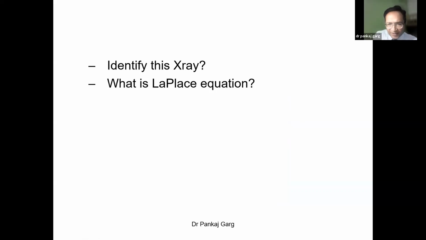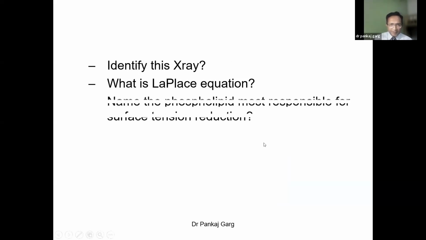So what is Laplace equation? What is Laplace equation? It is used whenever we discuss surfactant or surface tension. We use this. So Laplace equation is not used in surfactant. It is used to measure surface tension. Okay, nobody gets it.